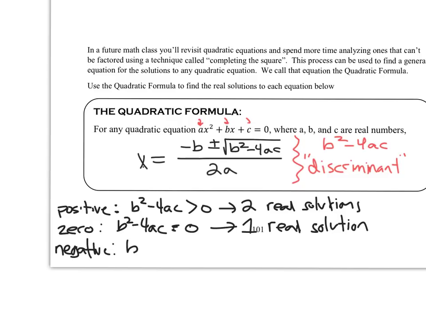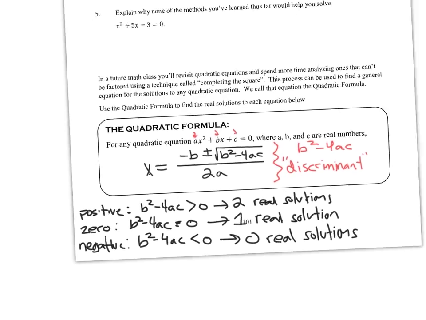That would mean that b squared minus 4ac is less than 0. Well look, it'd be a square root of a negative number. That means there are no solutions, so 0 real solutions. So those are the three things that can happen with the discriminant, and we can use that to find out how many solutions we're going to have.